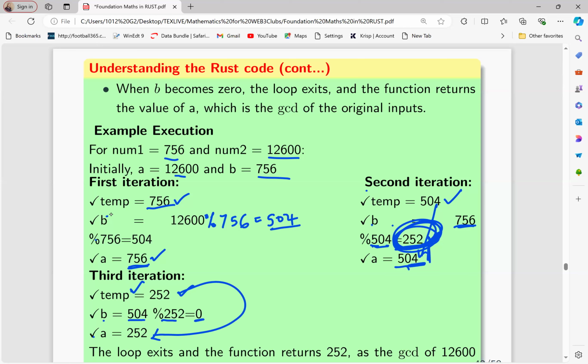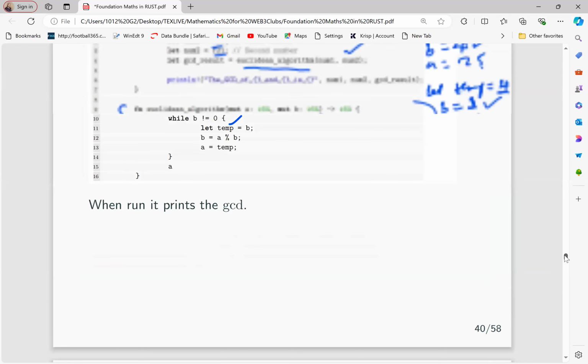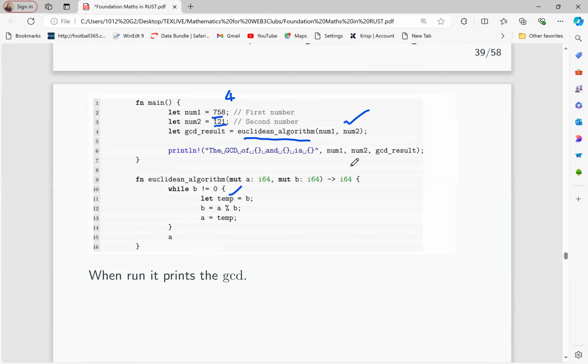Once B is 0, as it is here, the loop exits. And when the loop exits, according to the definition here, it gives us the GCD of these two numbers, which is the number here.